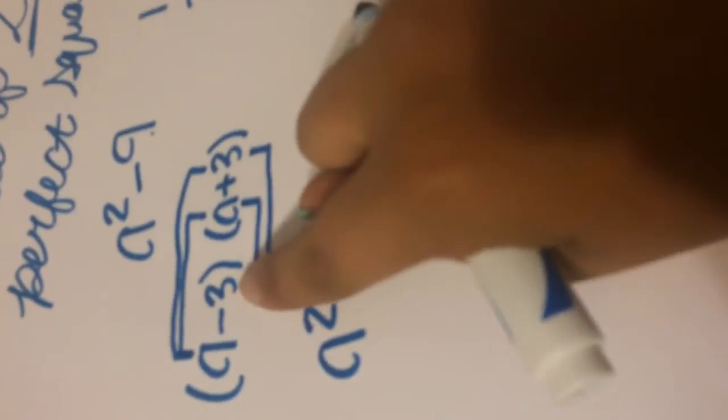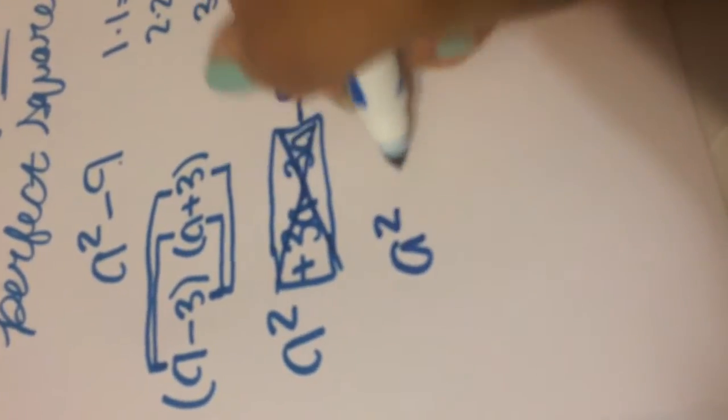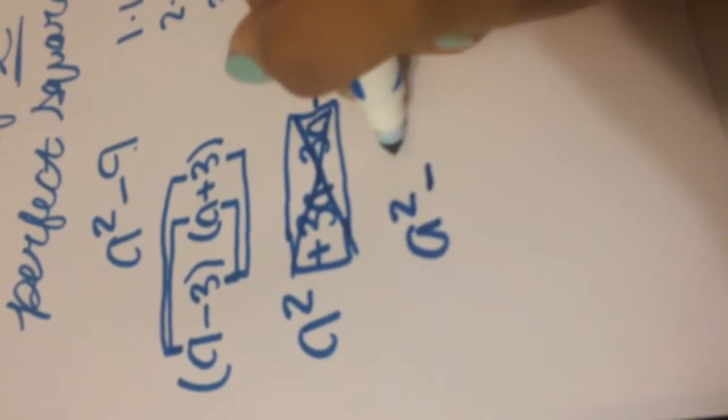And then you have negative 3 and positive 3, which would give you negative 9. Now this here would cancel out since it's a positive and a negative, which would just give you 0. So then you end up with a squared minus 9.